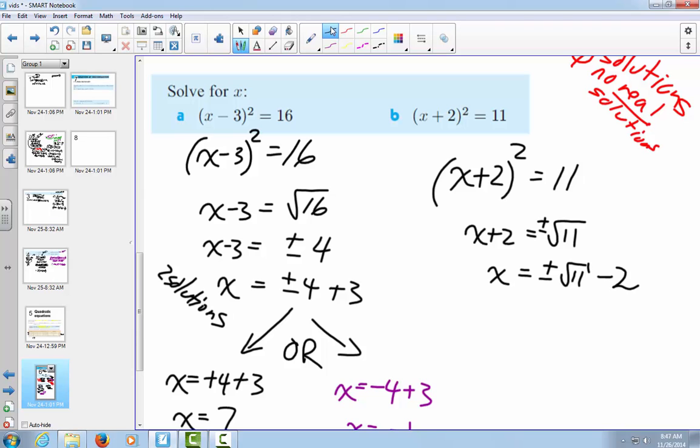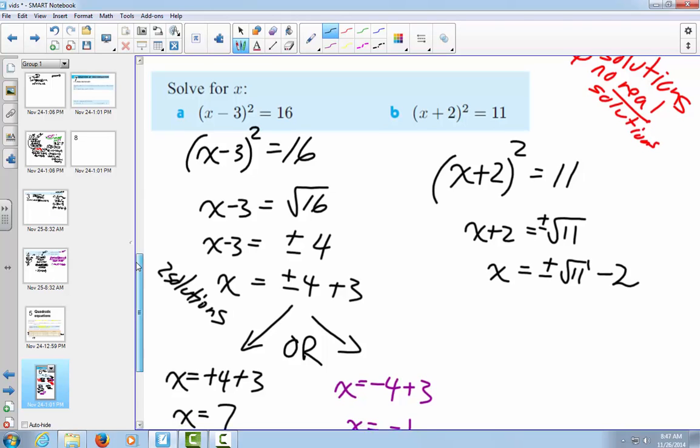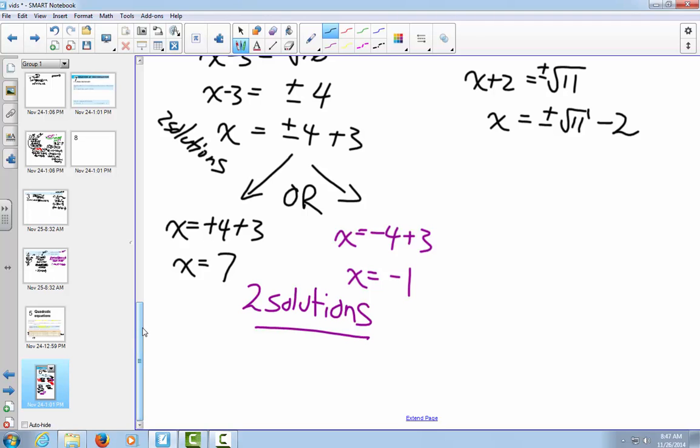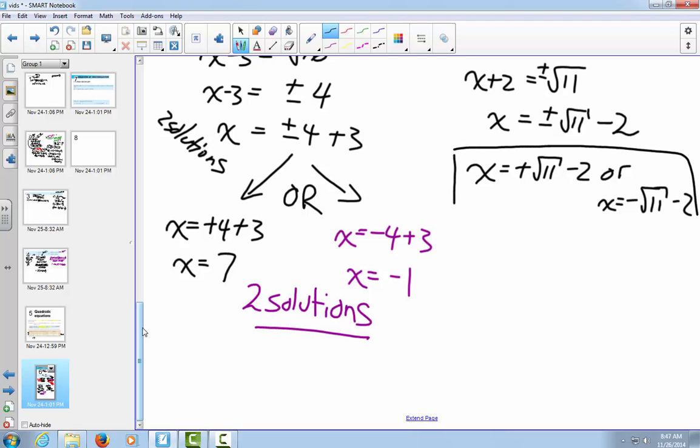We get a little less work on this question because our 2 solutions are going to be x equals positive square root of 11 minus 2 or x equals negative square root of 11 minus 2. Done. That's all you do. You leave it as your answer. Again, 2 solutions.